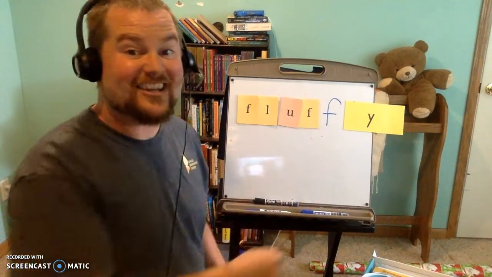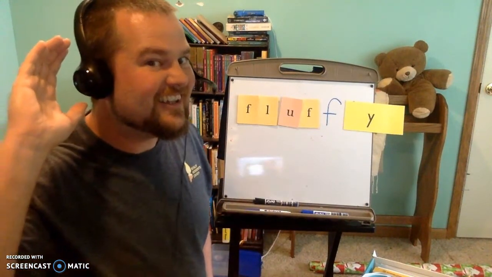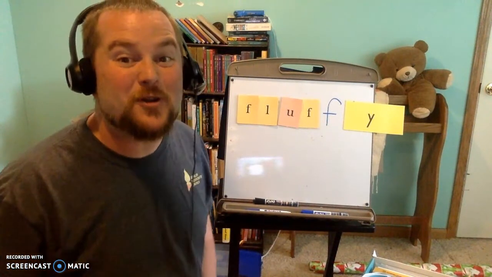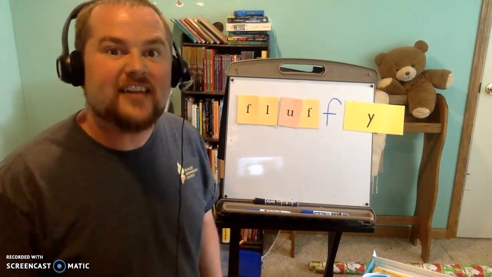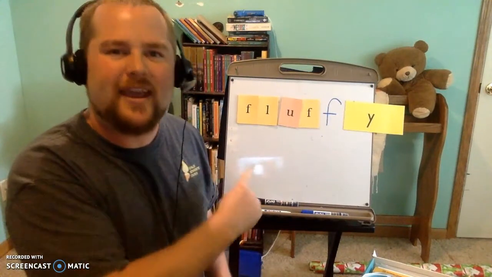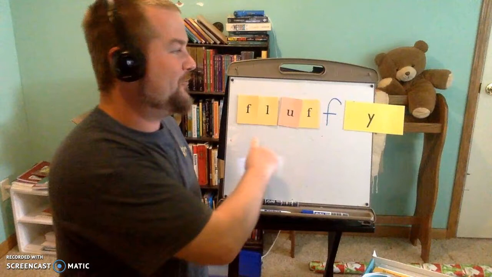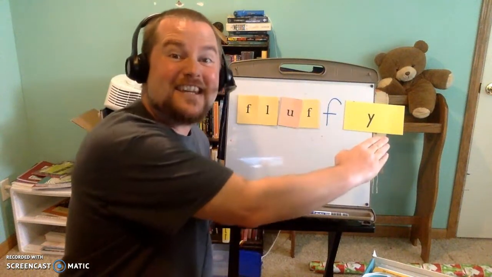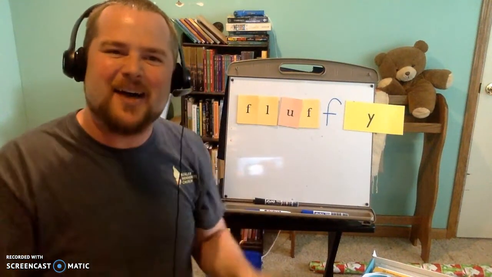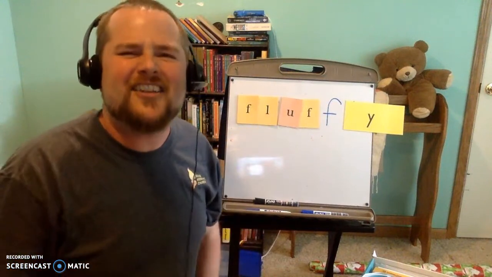What word is this? Yes, this is the word fluffy. Let's say this word, the base word, and then the whole word. Ready? Go. Fluff, fluffy. Yes, good job. What is the suffix on this word?